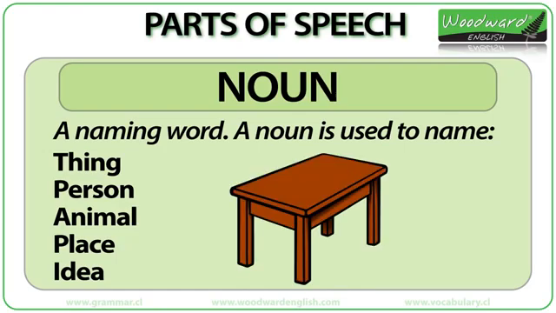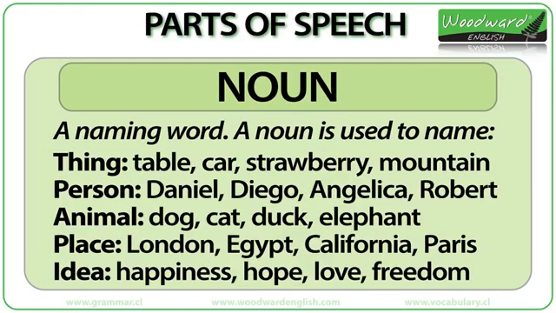This is a table. What is the name of this thing? It is a table. Table is the name of this thing, so table is a noun. We can name a thing: table, car, strawberry, mountain. These are all names of things.